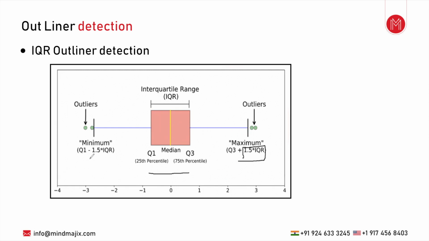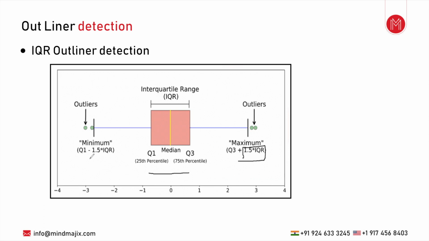In the IQR, if you want to find the outliers, the simple logic is that you have this data, you have this interquartile range, okay? We add 1.5 times the IQR value to Q3 and subtract it from Q1. You can see that I'm adding for Q3 and subtracting for Q1 because I'm changing the direction.